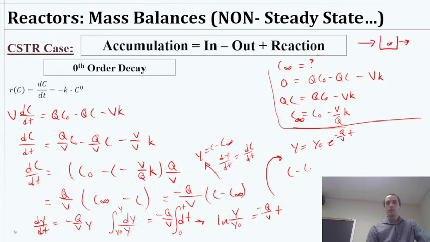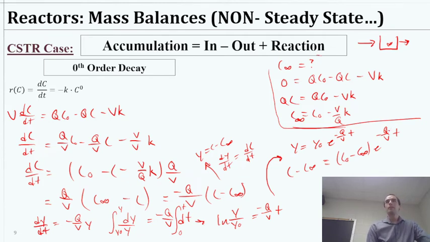So C minus C at infinity is equal to C initial minus C at infinity times e to the minus Q over V times time, which is kind of interesting that we end up with this exponent for a zero order equation. Although you will notice we don't have the K in here.